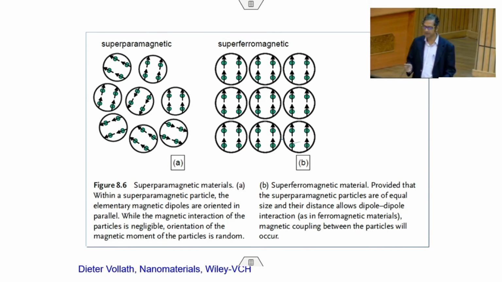So, you understand the difference between superparamagnetic and superferromagnetic material. Paramagnetic means random, and ferromagnetic means they are aligned properly. And the word super means the effect is strong. That is what the word super is used for. Okay, am I clear? This is something which is very important for you to know. So, I will explain again so that you do not forget.